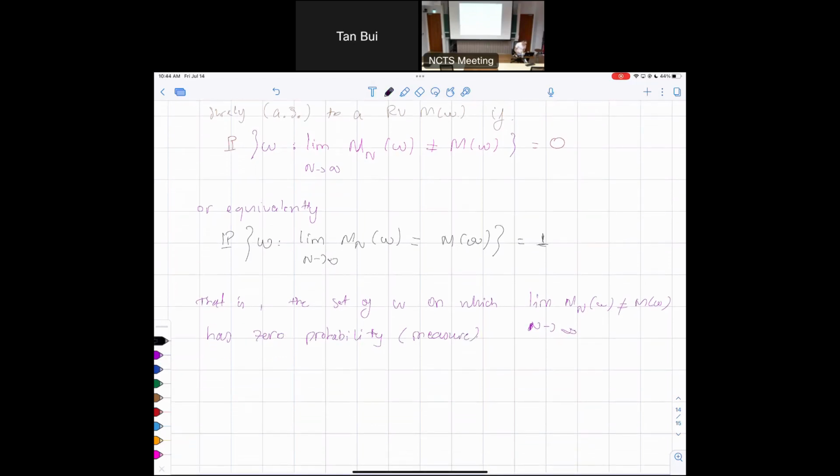Or our sequence M_n(omega) converges to M with probability 1.